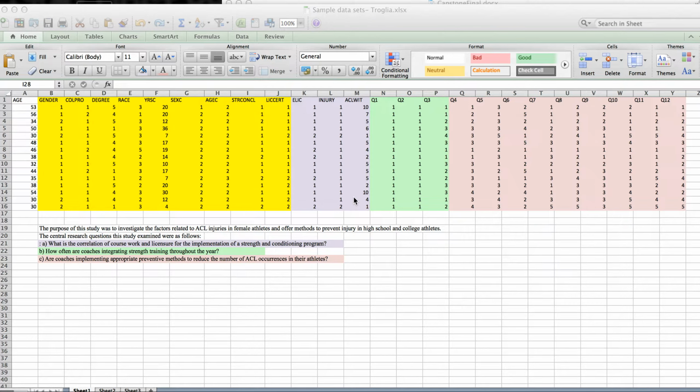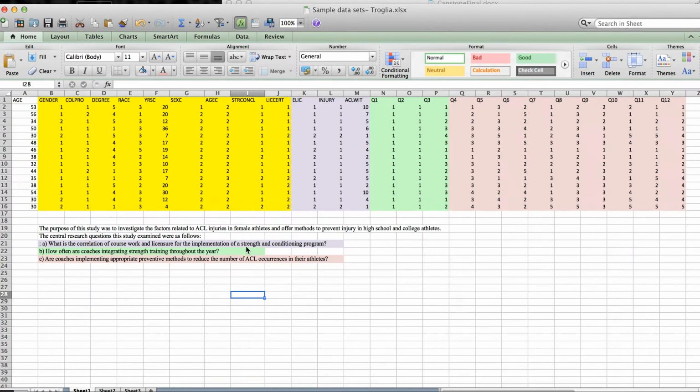So this sample data set that I have here is from a former student who conducted research on the factors related to ACL injuries. And just for your reference, I've included her purpose statements and central research questions on her data Excel spreadsheet. So we will refer to this section together.